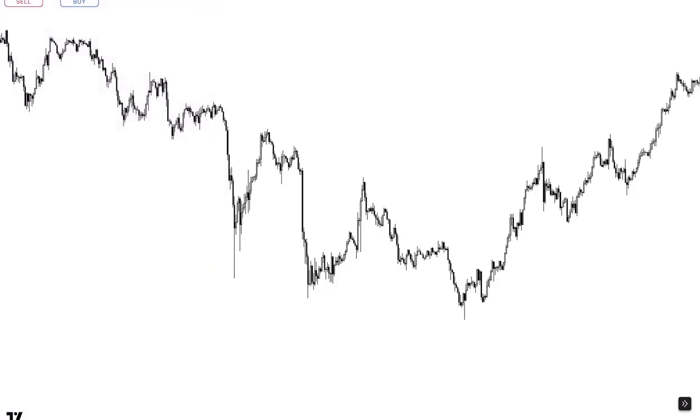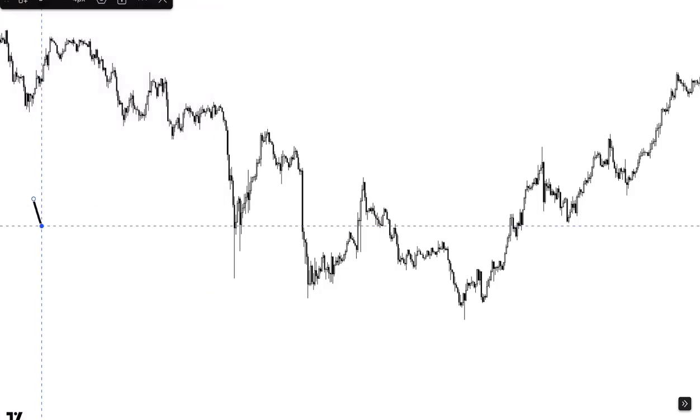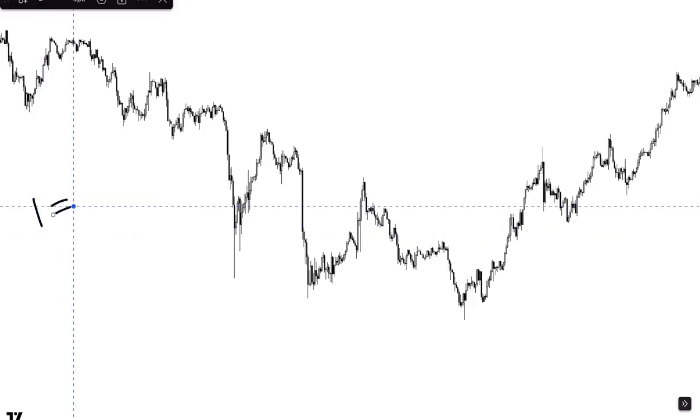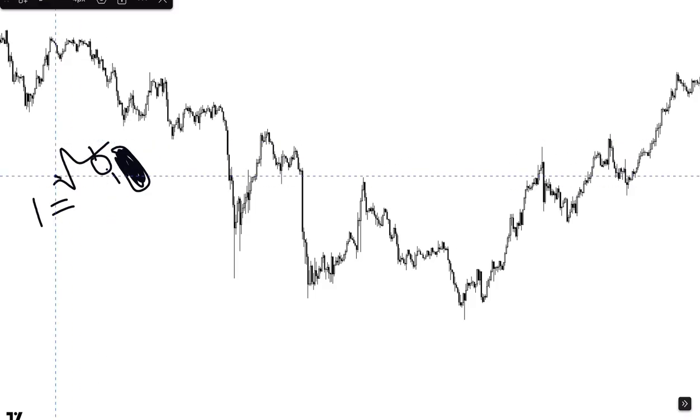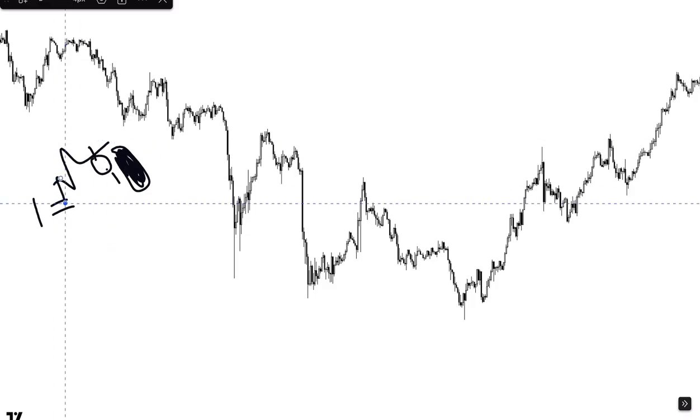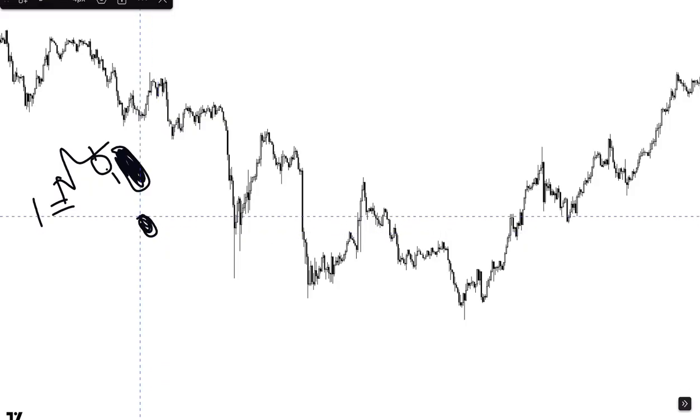Right, so quick summary: model number 1 is, what is it? It's the up close candle that liquidated an old high, closed below, or the down close candle that liquidated an old low, closed above, right?